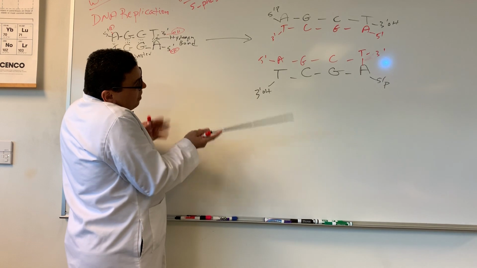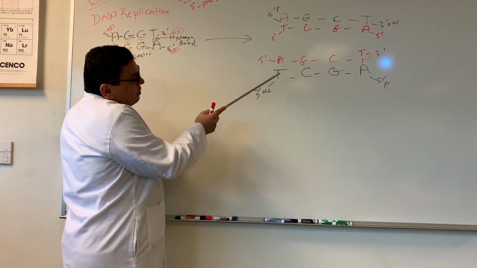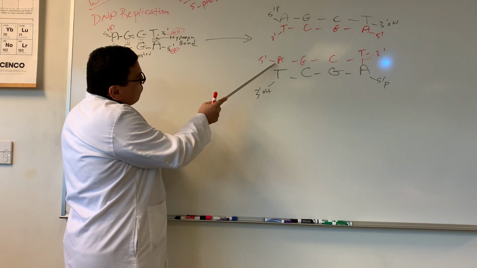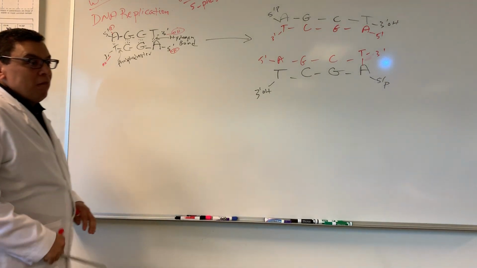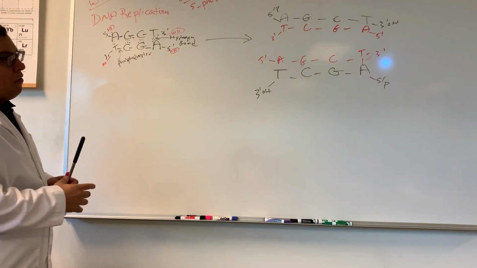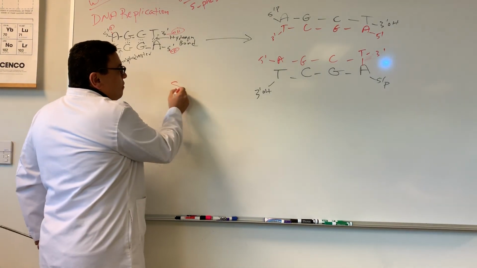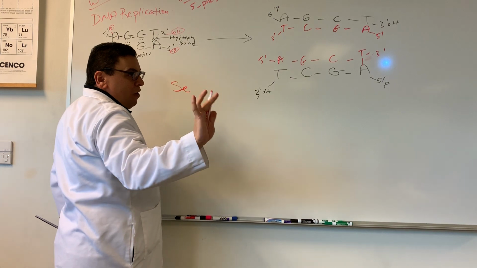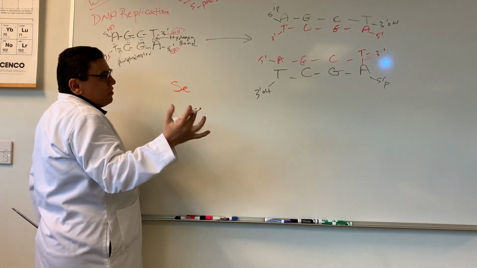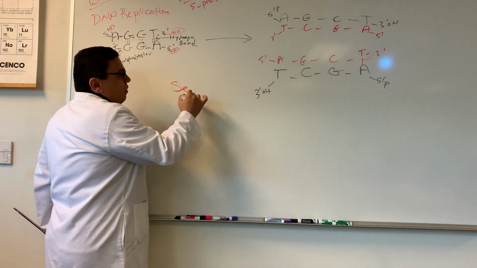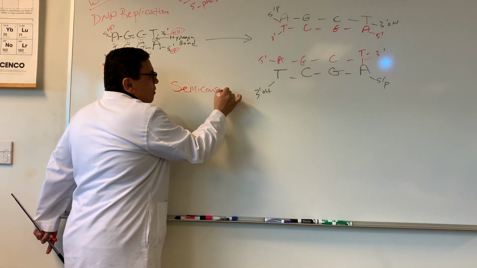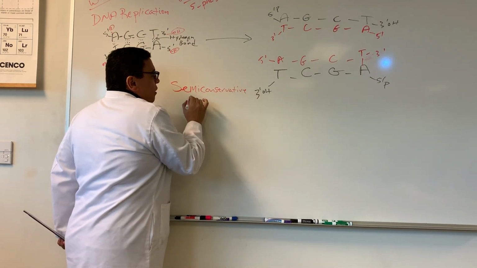And the other copy has half old, half new. It's a process called semi-conservative replication. What did you say, 50%, right? 50% original, 50% new. But we call that semi-conservative replication.